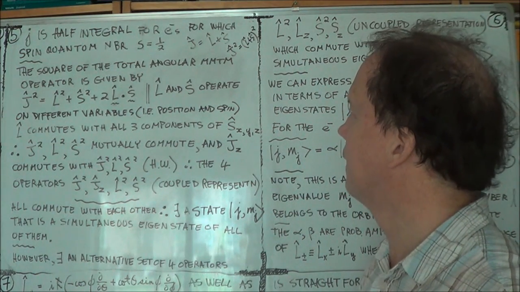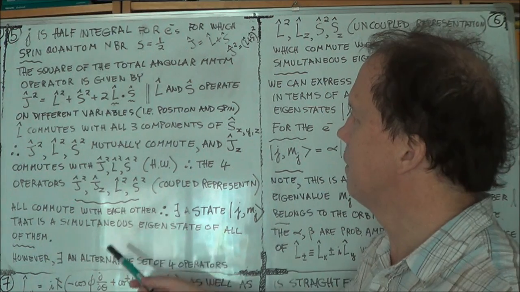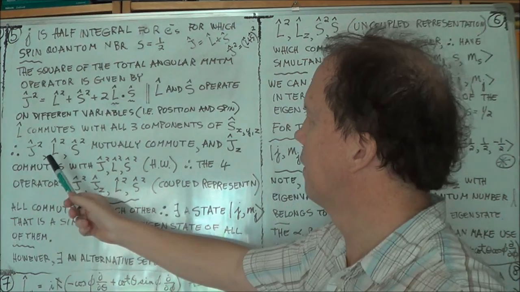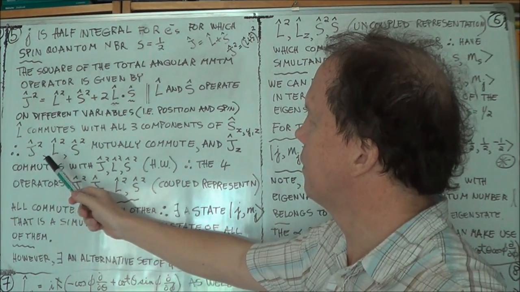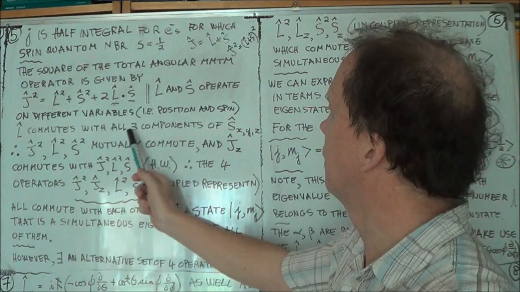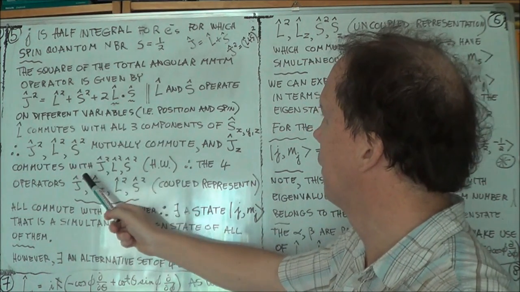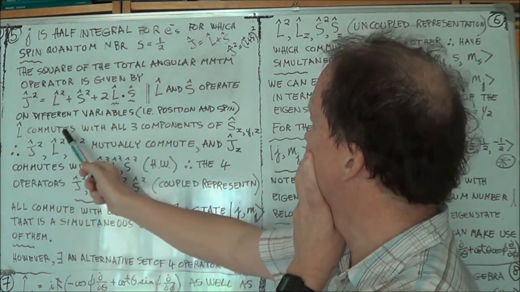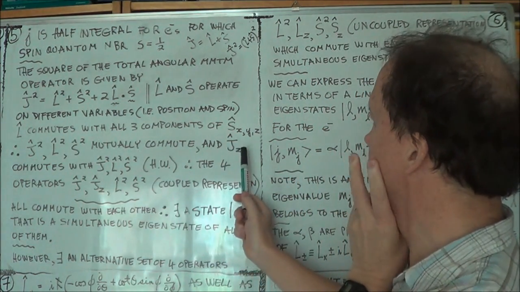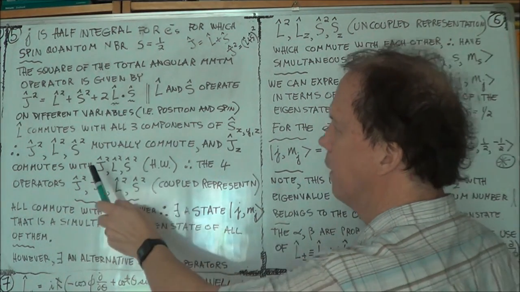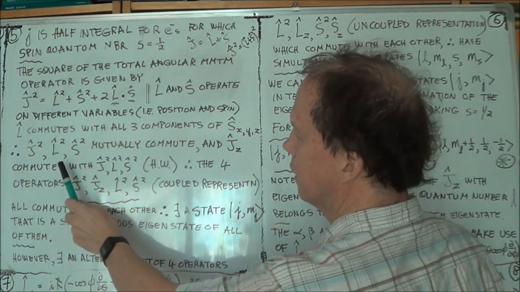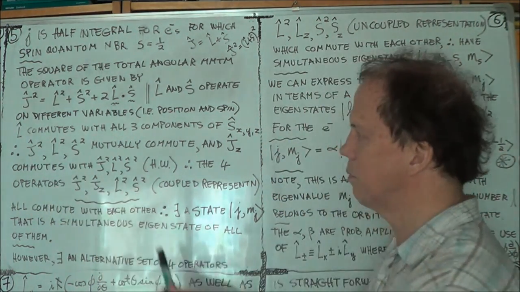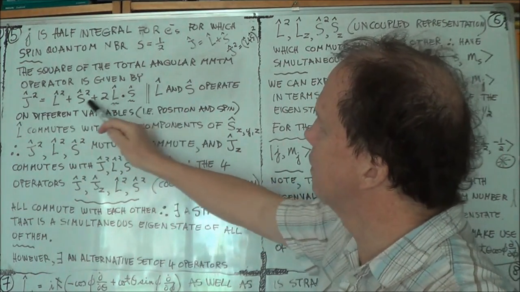Now you know that L squared commutes with J squared, just because L squared commutes with all this.